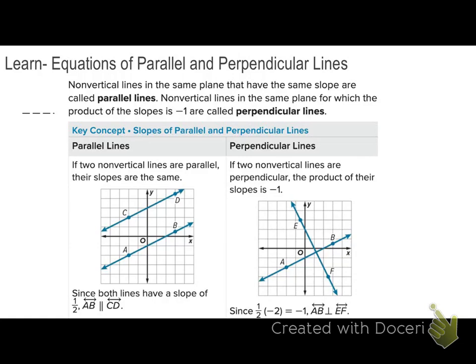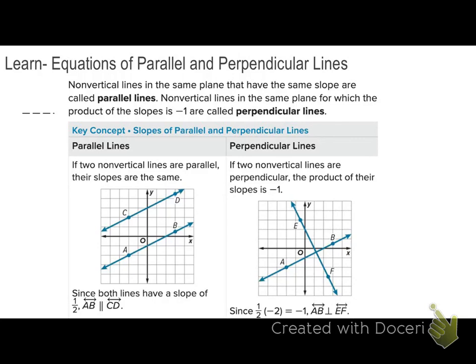Non-vertical lines that are parallel have the same slope. Which makes sense. They're two different lines, but they're never going to intersect. Their rate of change or their slope is going to be the exact same.